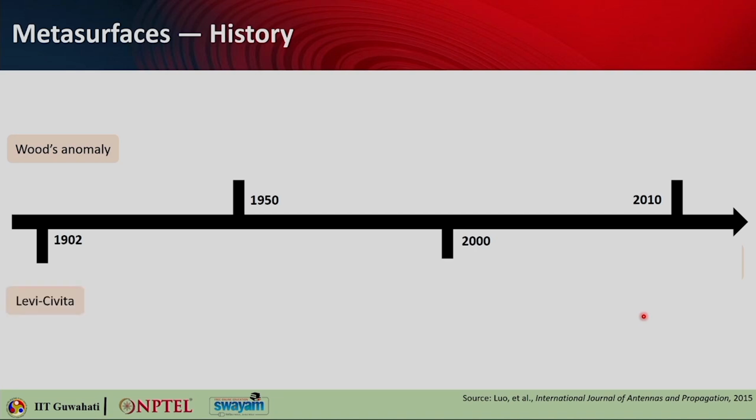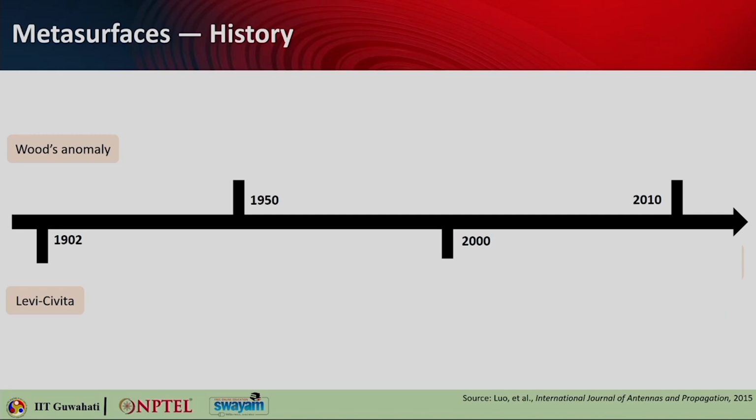And from that there was another phenomenon identified by Levi-Civita, which is also known as the Levi-Civita relation. Okay, and that states that a sub-wavelength thick film can result in a dramatic change in electromagnetic boundary conditions.